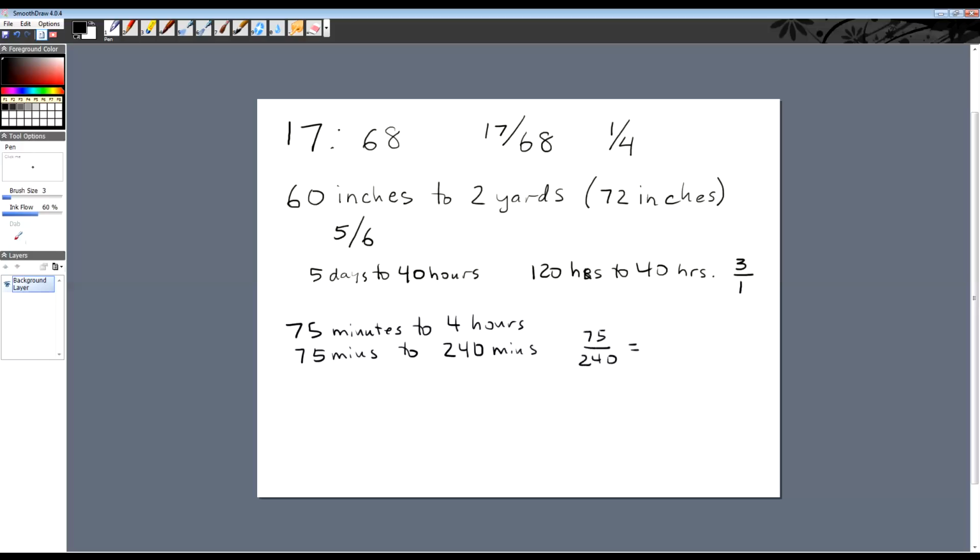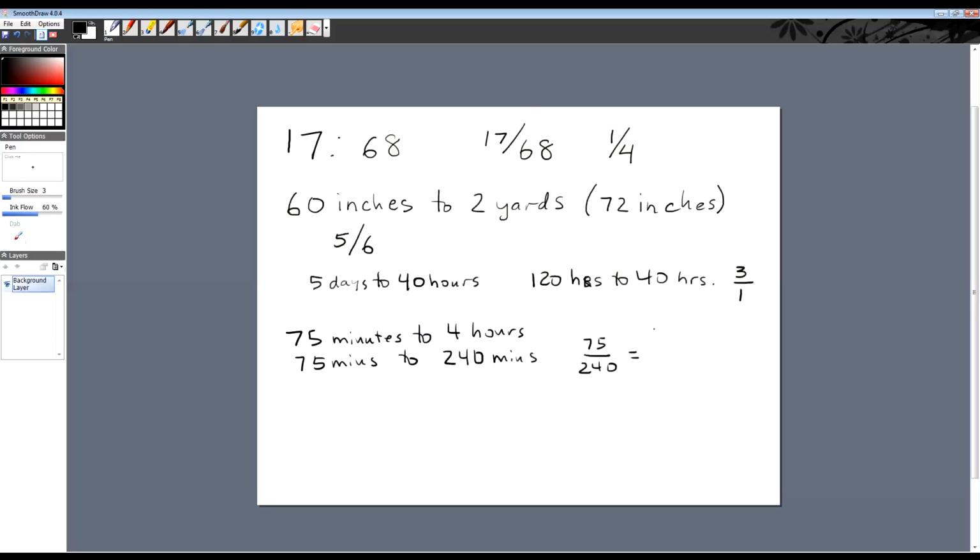75 is divisible by 15, and 240 is also divisible by 15. So this gives us 15 times 5 divided by 15 times 16.